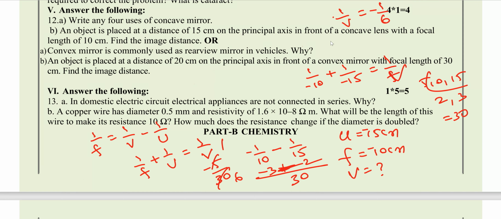Then v by 1 equals minus 6 by 1, that's nothing but v is equals to minus 6 centimeters. Understood? V is equals to minus 6 centimeters. Followed the steps? Good. Next question.